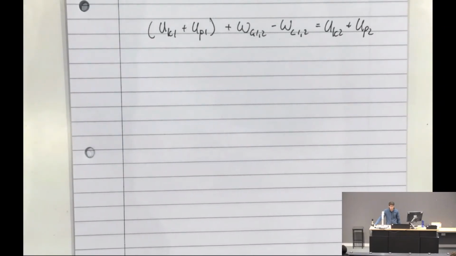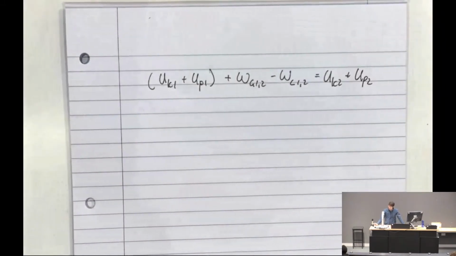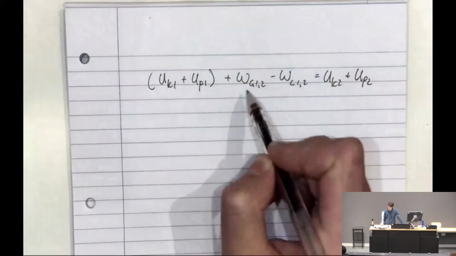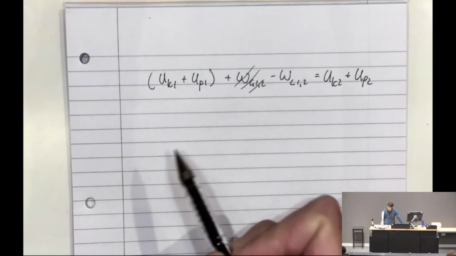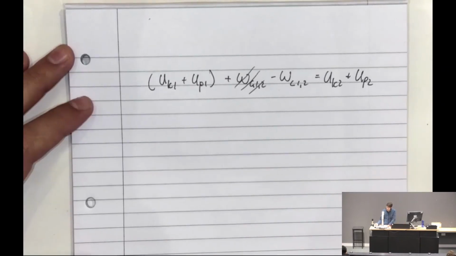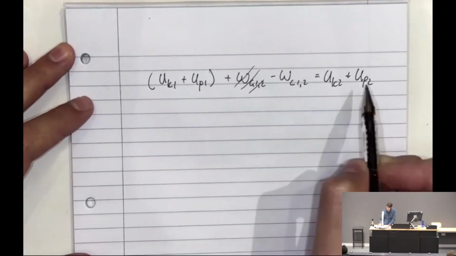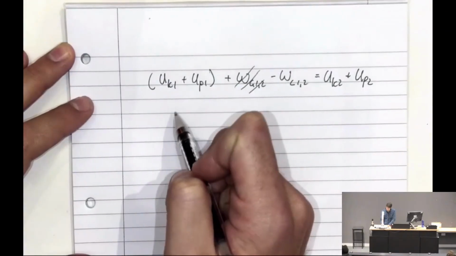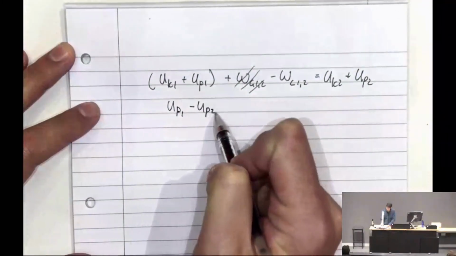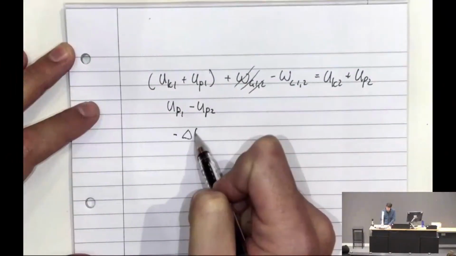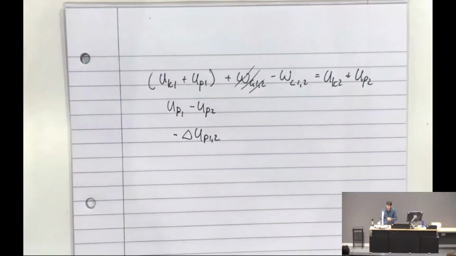All right, so then when you use this equation here, you can now rearrange a bit because there's a bunch of stuff that you don't know. So there's no work gained, so that variable you can disregard. If we then say the change in potential energy from UP1, so we can just say UP1 minus UP2, that is negative delta UP12, because the system is losing effective potential energy.